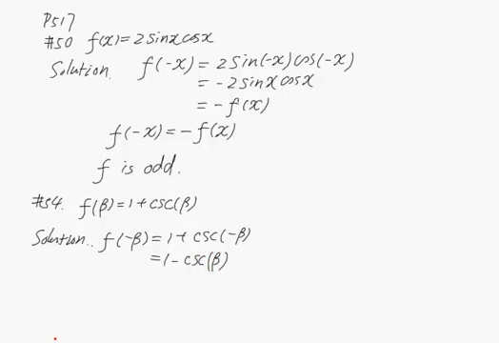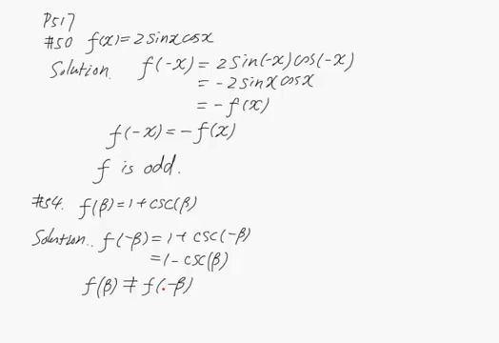Okay. Now you compare this with f of beta, that is 1 plus cosecant beta. So definitely f of beta is not equal to f of negative beta. So that means this function is not an even function, right?